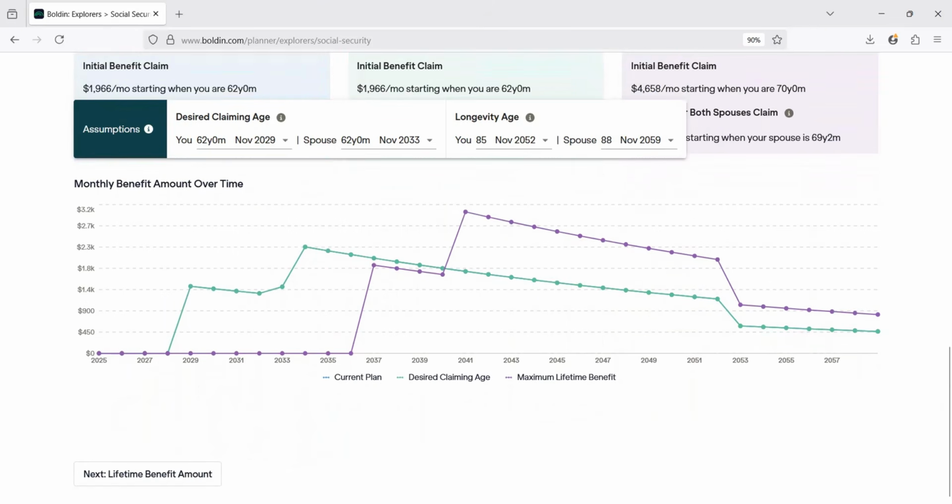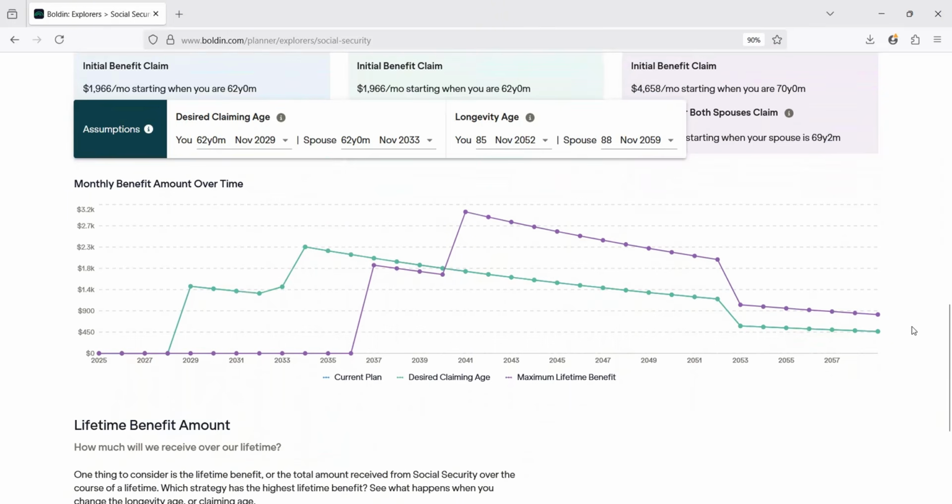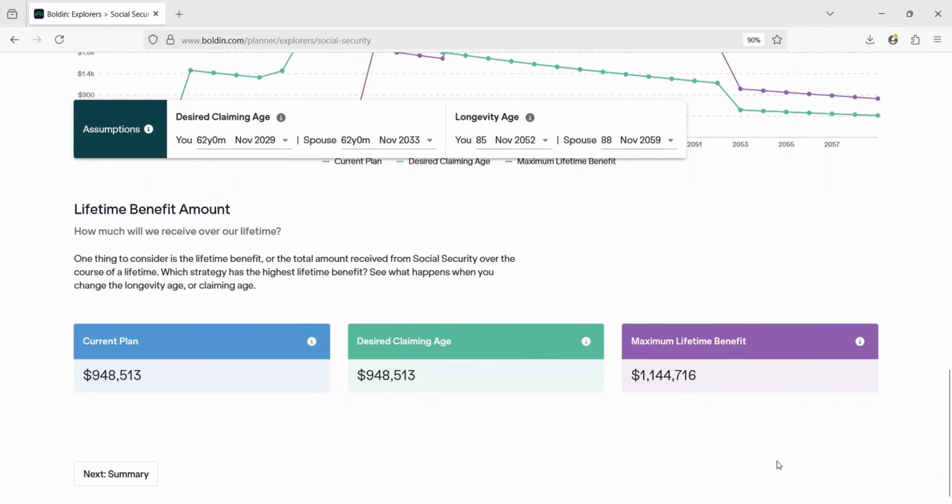Okay. So now let's look at that lifetime benefit amount maximum so we can see what we're really talking about. So if you started claiming, both of you, at 62 and you lived to your full longevity ages, you would have collected 948,500 from Social Security.